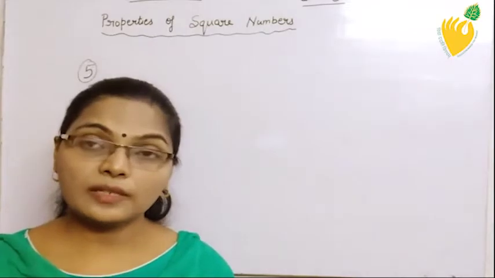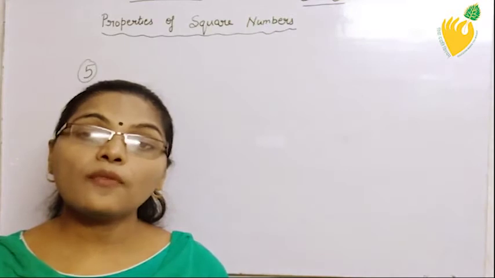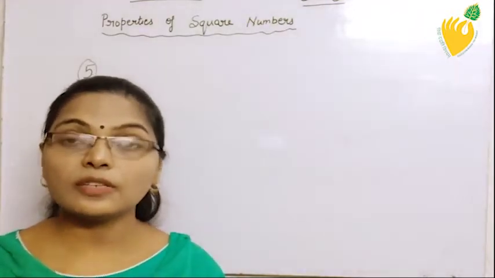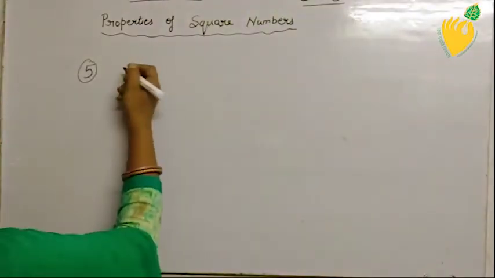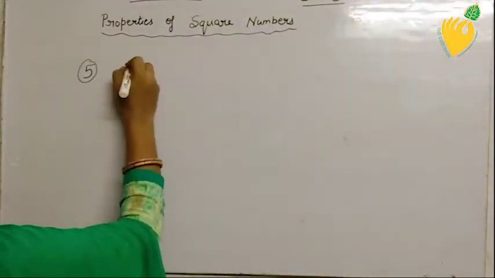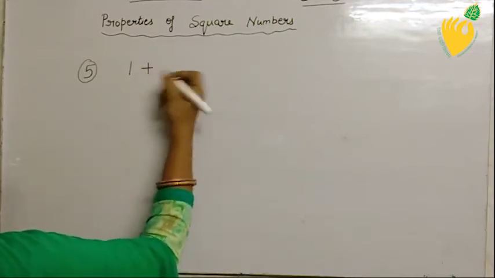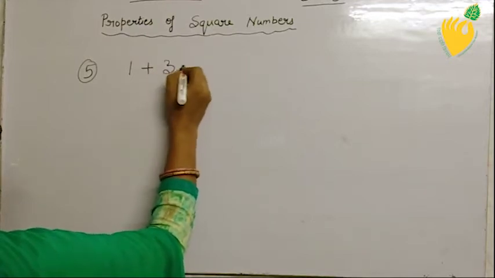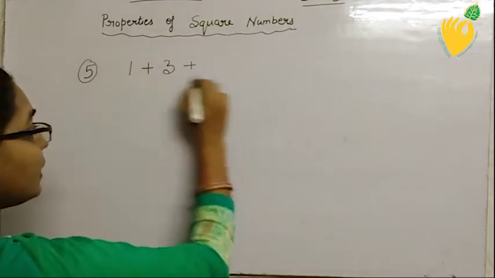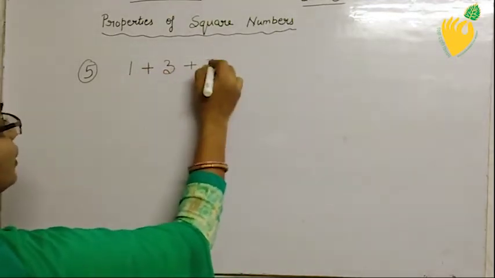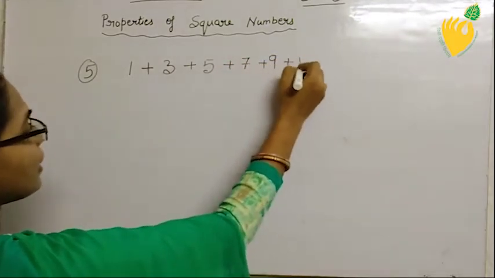The next property is, students, that if n is any natural number, then the sum of the first n odd natural numbers equals n square. Let's see how. For the first n odd natural numbers, suppose we are taking 6 numbers, that is 1. What is the next odd natural number? 3. We have to take only odd numbers, students, consecutively: 1, 3, 5, 7, 9, 11.